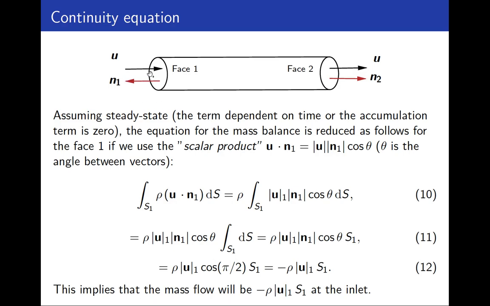The angle between these two vectors is 180 degrees, because they are pointing in opposite directions, so they form an angle of 180 degrees, or pi. The cosine of this angle is -1. So this integral becomes this, which implies that the mass flow at face 1 will be equal to this negative quantity at the inlet.